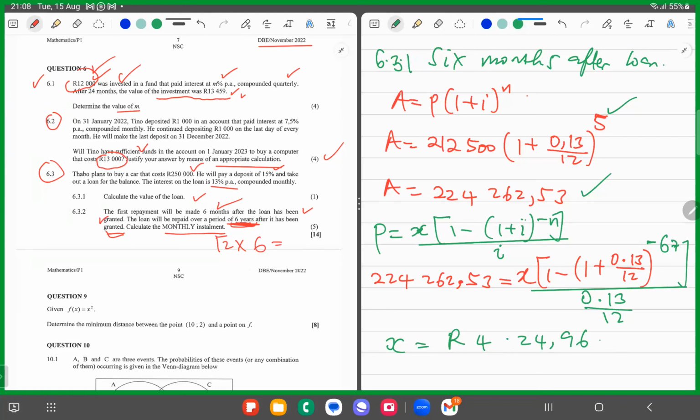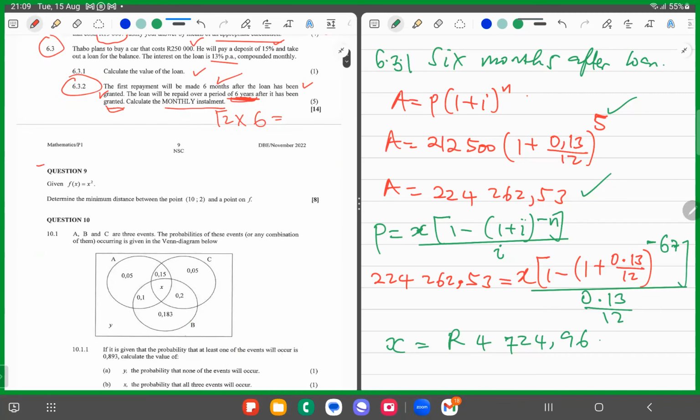It will be 4,700 and what? 4,724 rand and 96 cents. So in principle, it will be 4,724.96. That means that Thabo will have to pay monthly 4,724 rand and 96 cents. Okay. So we have answered 6.3.2.